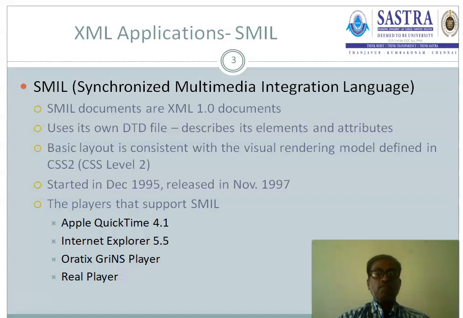That DTD file is to be included into your program by means of the doctype tag. The doctype prefix is used for SMIL, and then public or system, and the location in which we have the DTD file should be provided. A URL is used for fetching the DTD file.